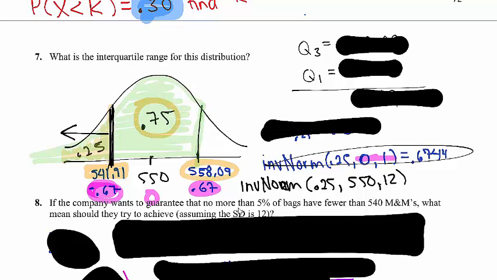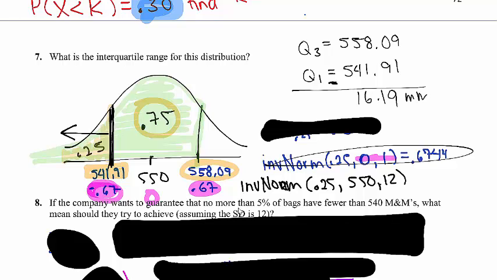So we know 25% of the bags of M&Ms have 542 M&Ms or less, basically, and 75% of the bags of M&Ms have 558 M&Ms or less. Well, what's the interquartile range? Quartile range is Q3 minus Q1, or 16.19 M&Ms. Okay.